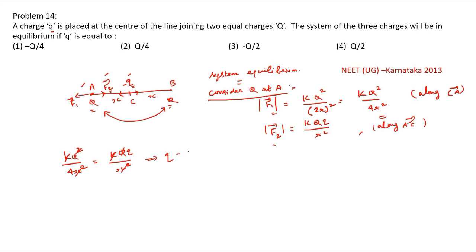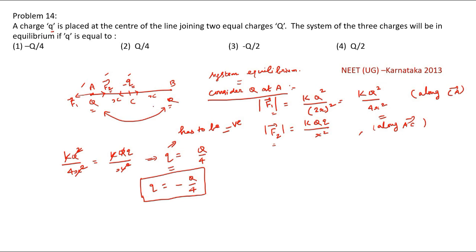This gives you small q is numerically capital Q by 4, but this q has to be negative. Therefore we can say q should be minus Q by 4.